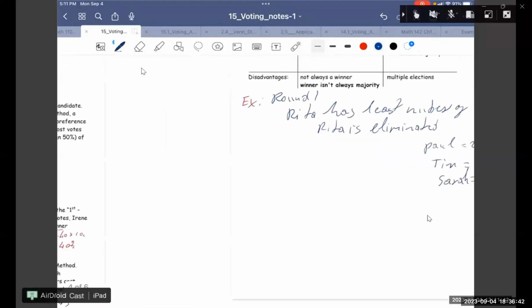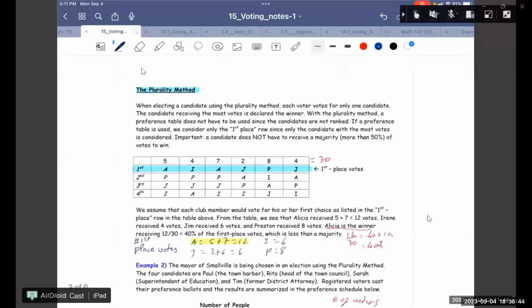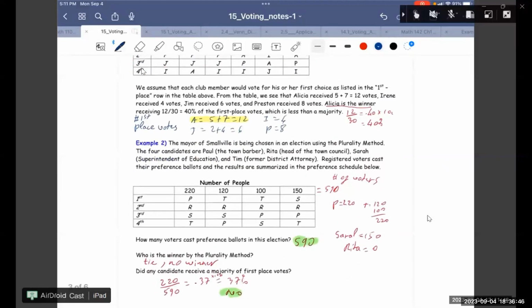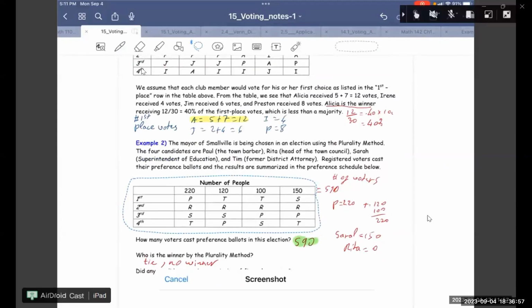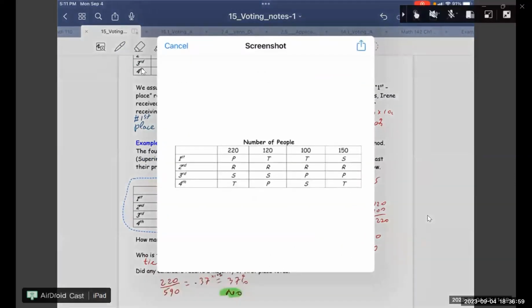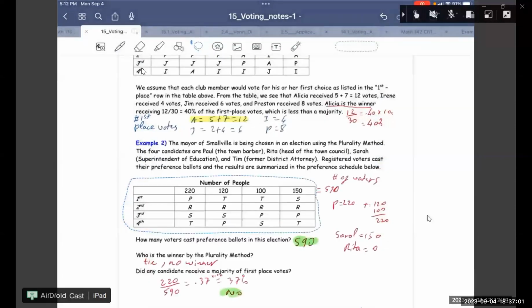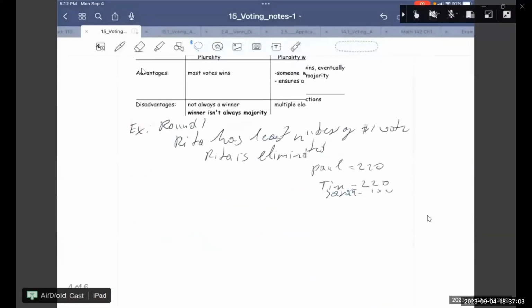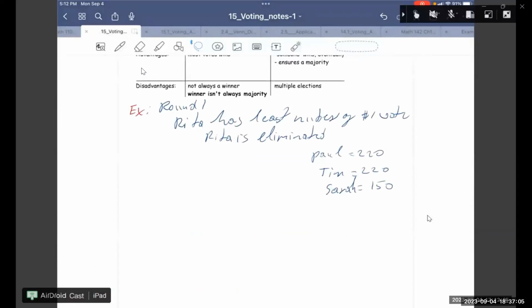Let me copy this one really quick so I can place it in here.